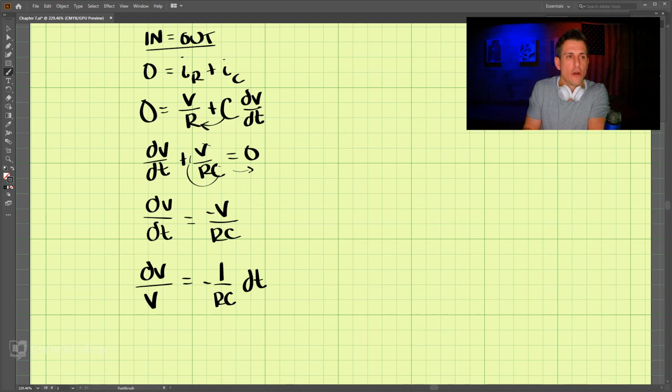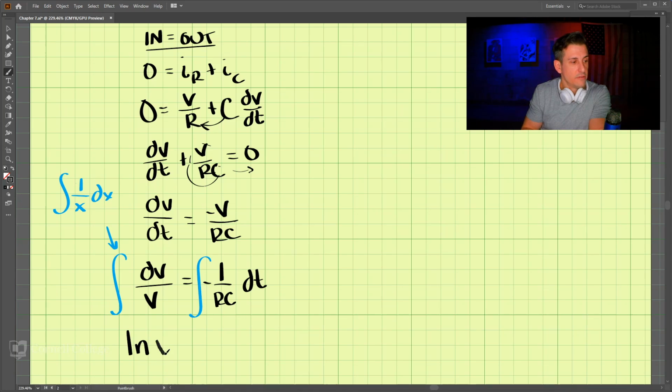Okay, so where do we go from here? We take the integral of both sides. The left-hand side, if you remember, is like 1 over x dx. Integrating this is equal to the natural log of v, or the natural log of x.